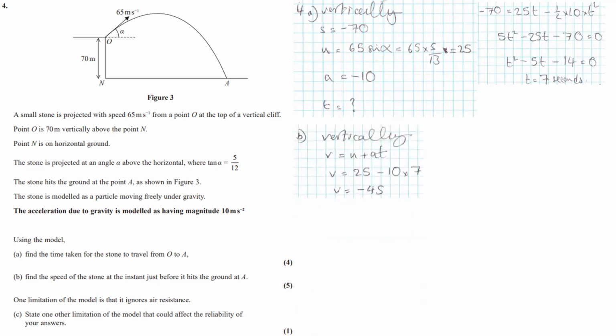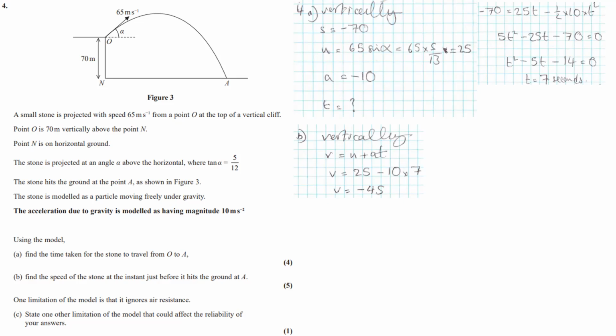So what did I do? Vertically, I had enough information to work out the velocity, which, if you note, it's negative 45. It came out because I used the t from part A. Why is it negative? Well, we're taking upwards as positive. When it was going upwards, it was positive, and this time it's going downwards. But we're going to work out speed, so the negative isn't a big deal.